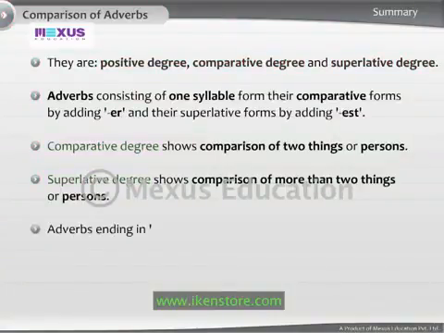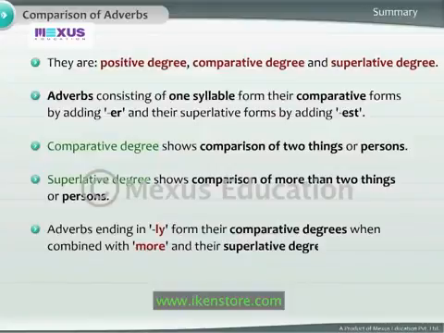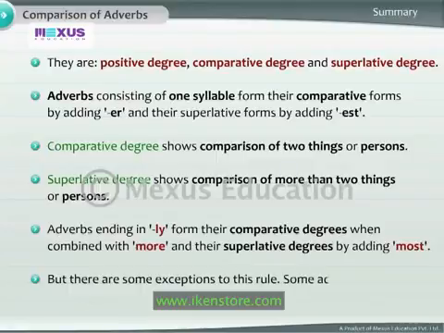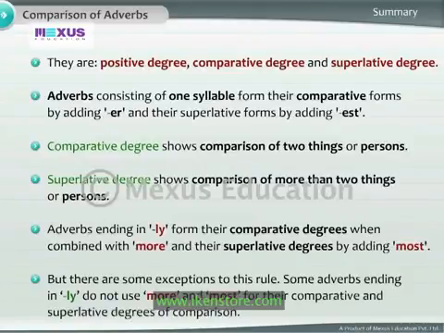Adverbs ending in ly form their comparative degrees when combined with more and their superlative degrees by adding most. But there are some exceptions to this rule. Some adverbs ending in ly do not use more and most for their comparative and superlative degrees of comparison.